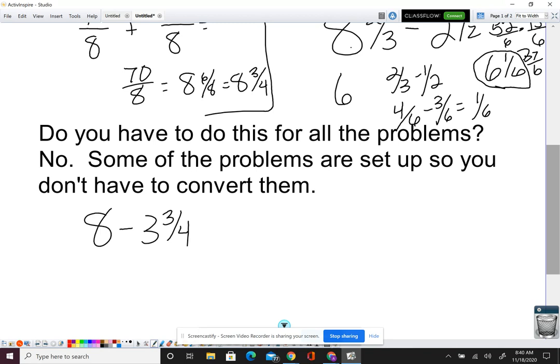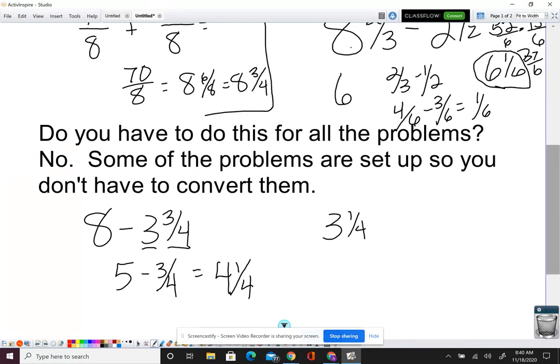Okay, that's where we would have some problems, because 8 minus 3 is 5, yes, it is, but I also have to take away this 3/4 too. So if I take away the whole numbers, I get the 5, but I still have to take away that 3/4. So the real answer is 4 1/4. You have to make sure you take away both parts of that mixed number if you're going to do it that way.